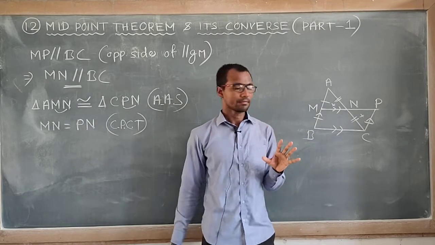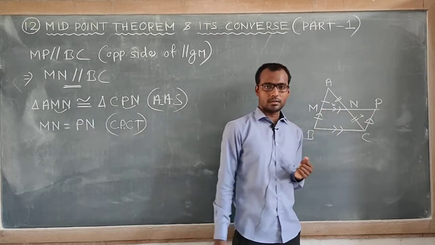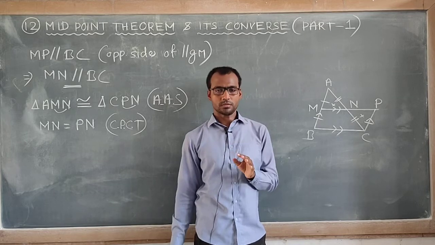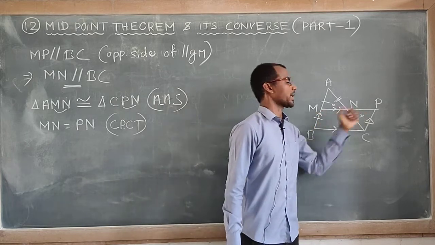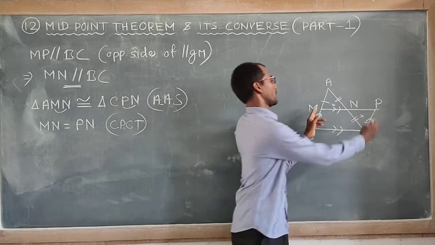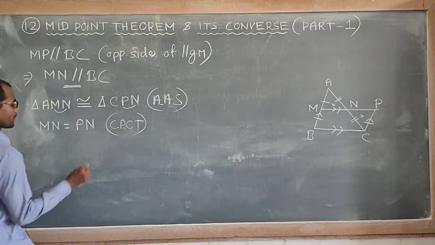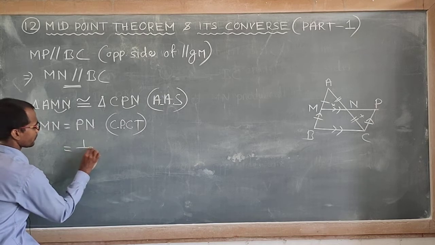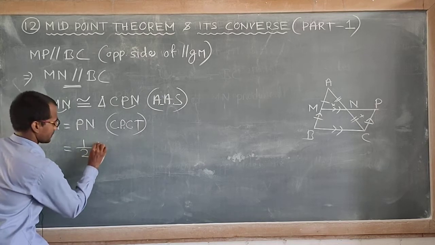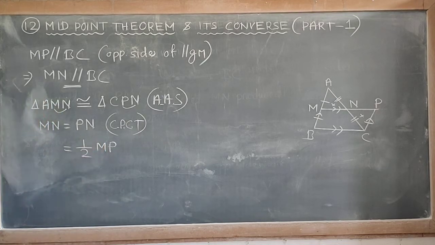Okay, by CPCT. If MN is equal to PN, then MN and PN both must be half of MP. Okay, from the diagram see. If MN is equal to PN, both must be half of MP. Clear?